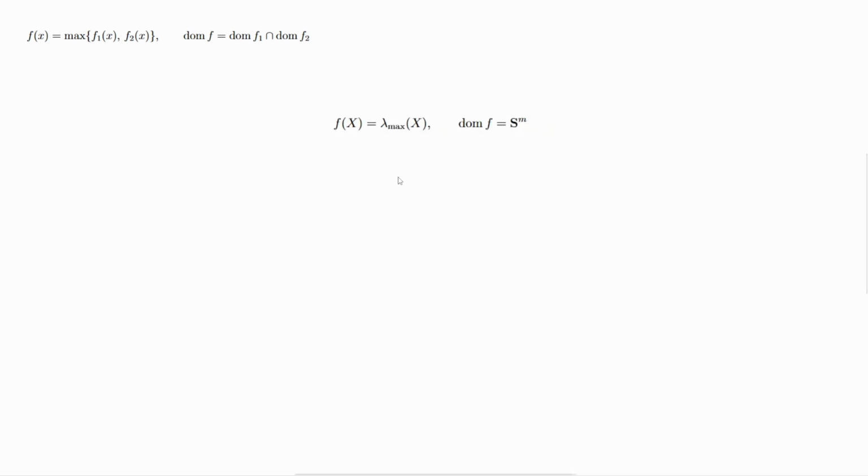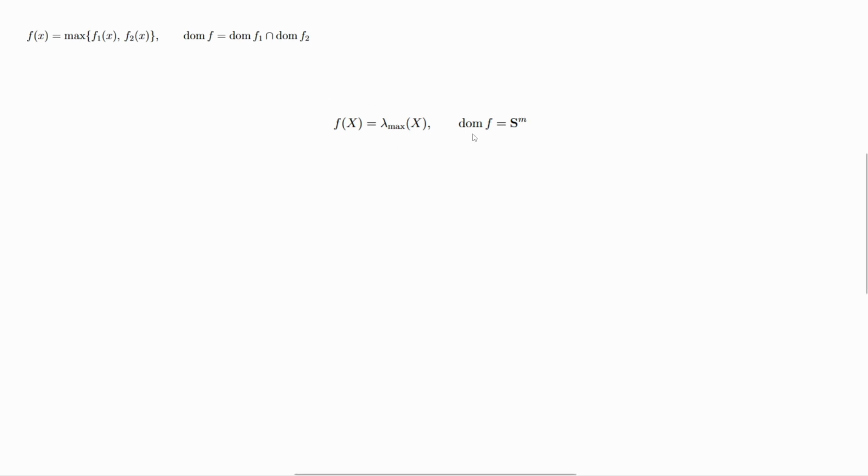Okay, our second example is more tricky, but I think this one is really cool. I think this is a good test of whether this tool is actually useful, because looking at this function, it's not obvious whether it's convex or not. So what is this function?